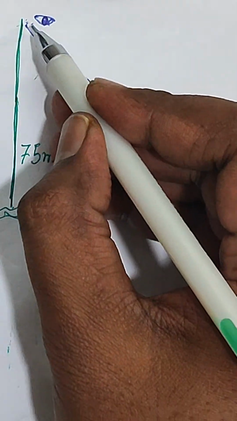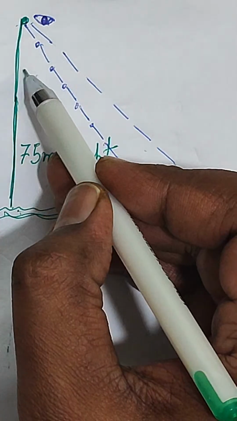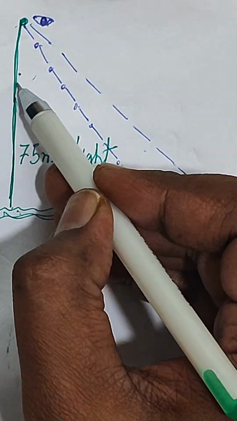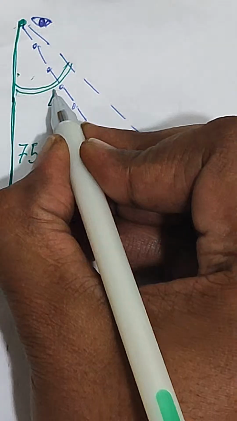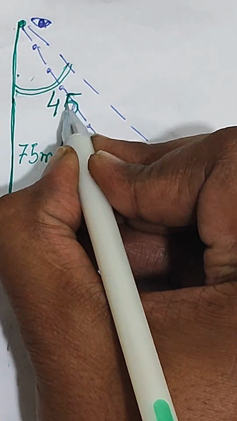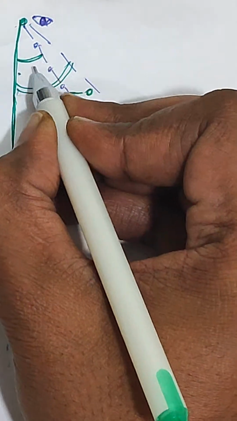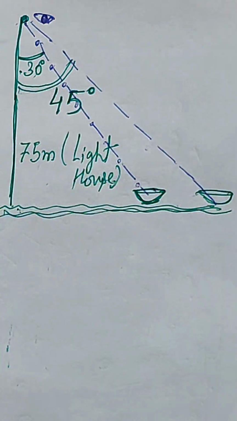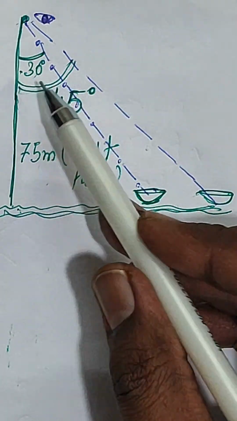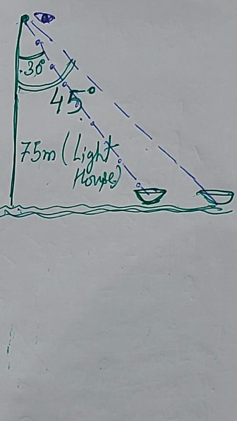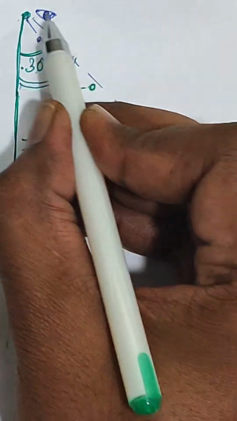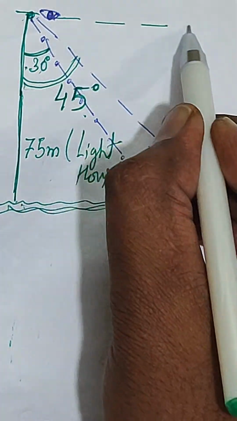That means you can consider which angle should be greater. Definitely 45 is greater than 30. So the bigger angle over here is 45 and the smaller angle will be 30. But if you write it like this, I already made a mistake over here. You know why? Because it's given that the angle of depression. So what will be the angle of depression? From here just draw a line parallel to the ground.